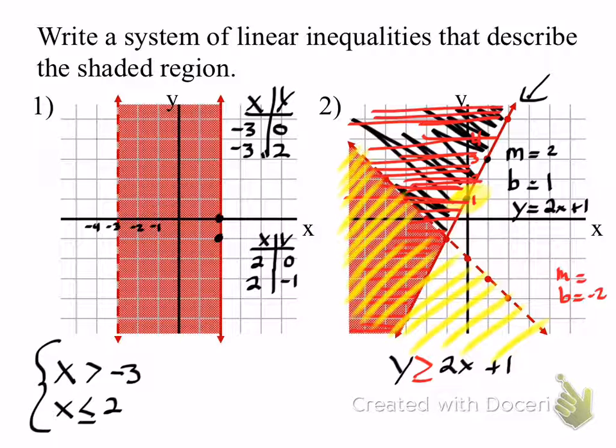So we know it's going to be Y is negative X minus 2. Now, look at the y-axis for this line with yellow. The only time it touches the y-axis is here, and here, and here.